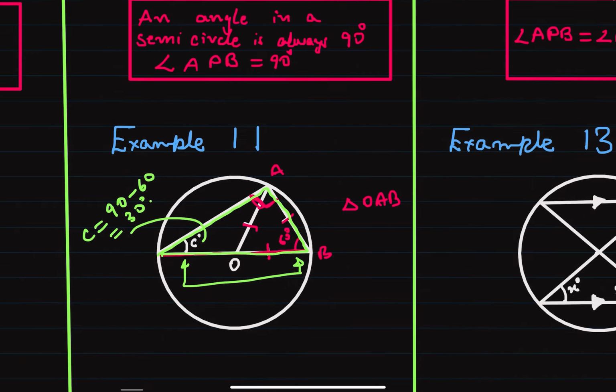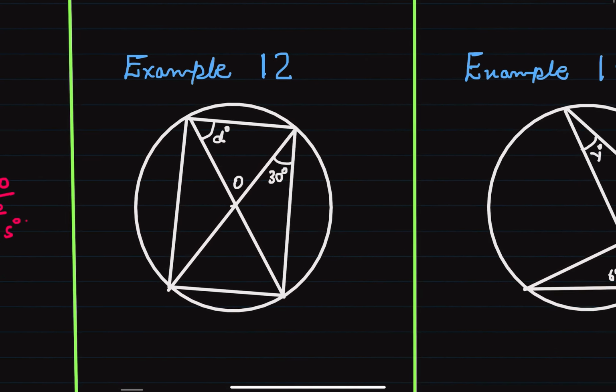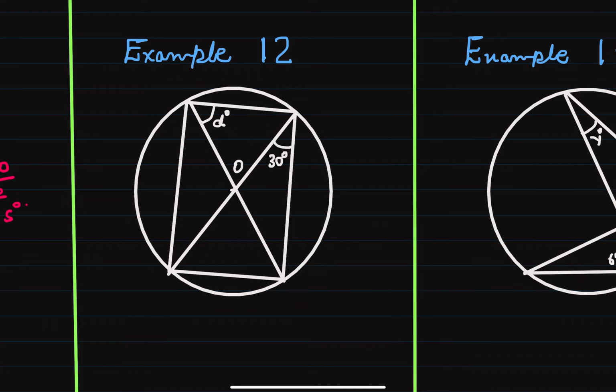And let's apply the very same property to example number 12. Now see, we have a diameter here, which makes this 90, which makes this 90, right? And if this is D and this is 30, then this angle should be 60, right?